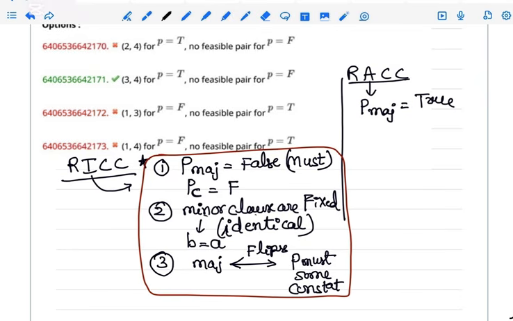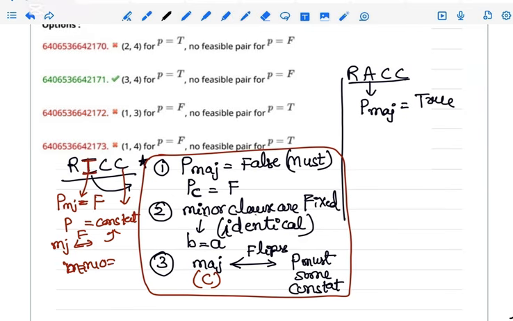For RICC, I is inactive clause coverage, so the major clause is false. Inactive means false always. C represents constant, that is, the predicate must be constant. If the major clause flips, the predicate must be constant. Here the major clause is C, and the minor clauses A and B are equal.